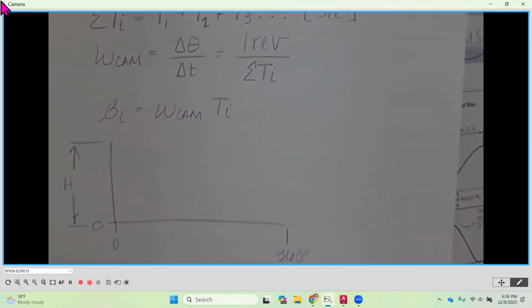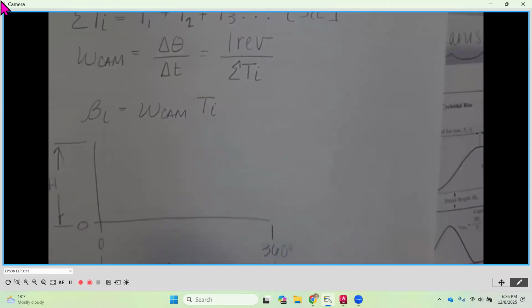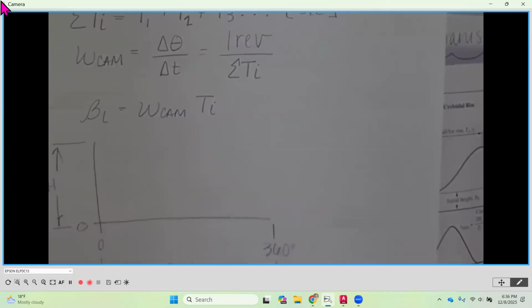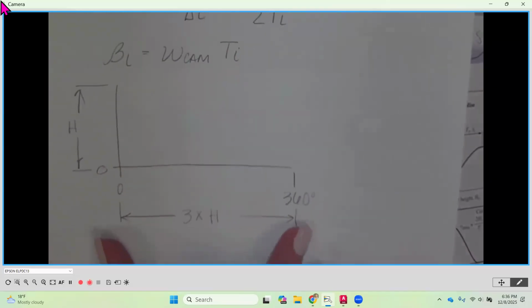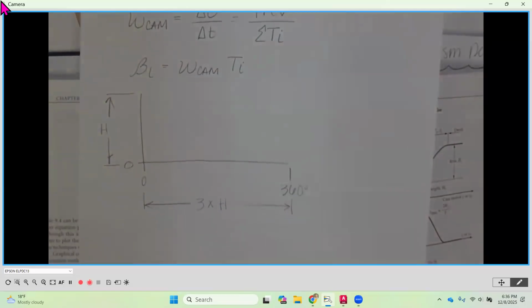So in the case of that example that we looked at earlier, that would be 2 inches, okay? The length of your x-axis is going to be 3 times h. That's a really good place to start. So if our total height was 2 inches in that first problem, we would make our total length here 3 times that height.